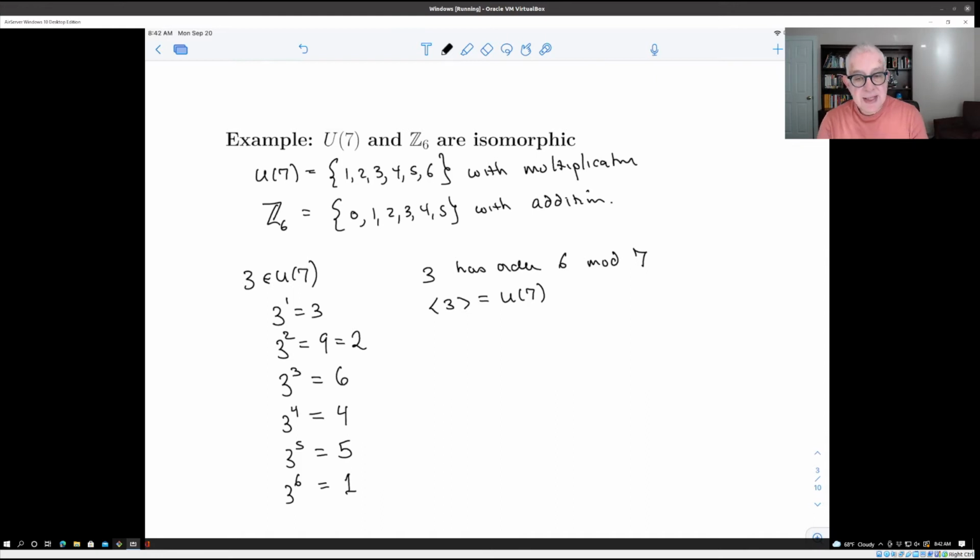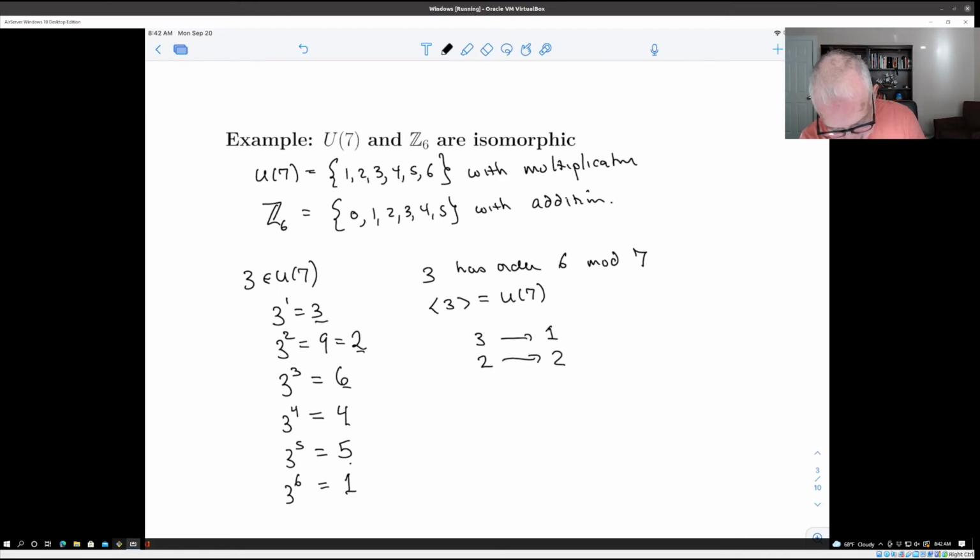And we can use this to construct our isomorphism. Namely, let's send each element here to the power you have to raise 3 to get it. So we're going to send 3 goes to 1, 2 goes to 2.